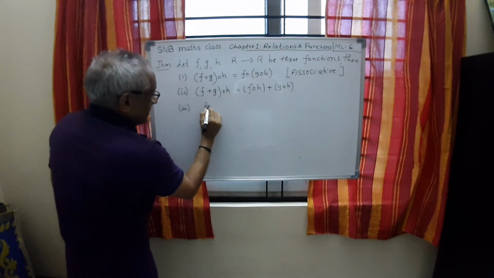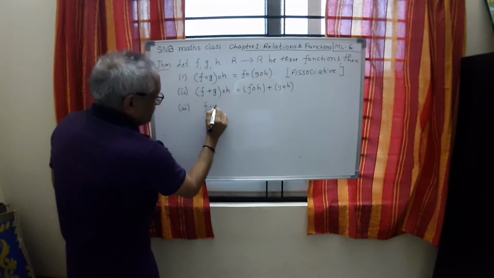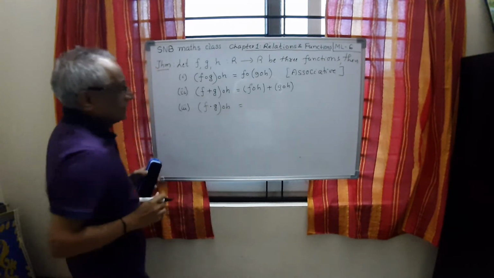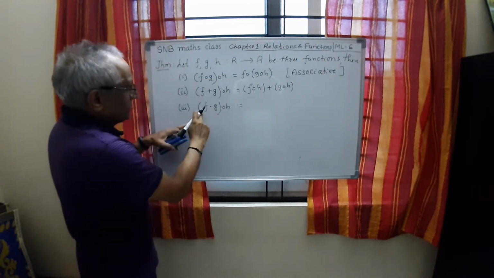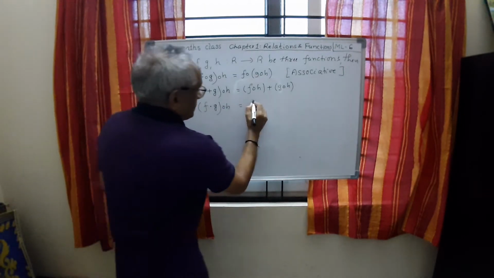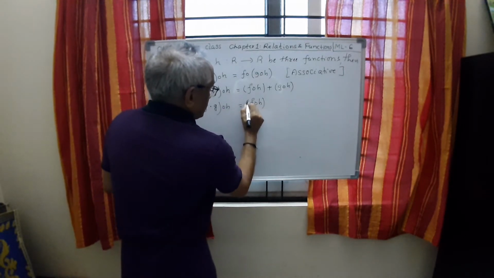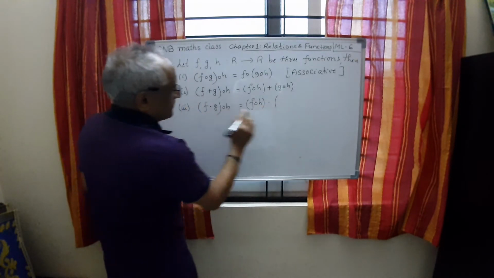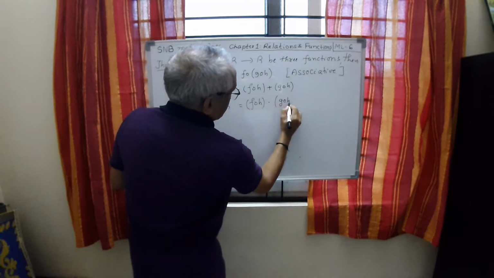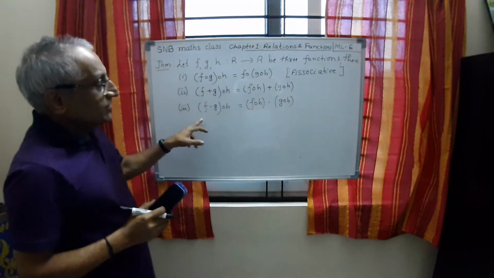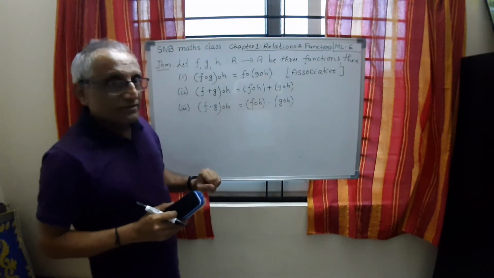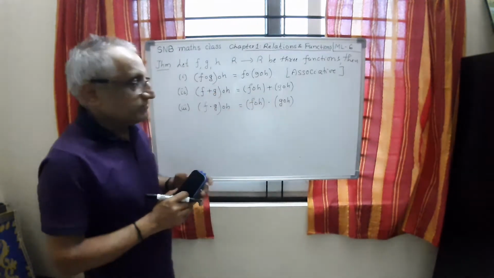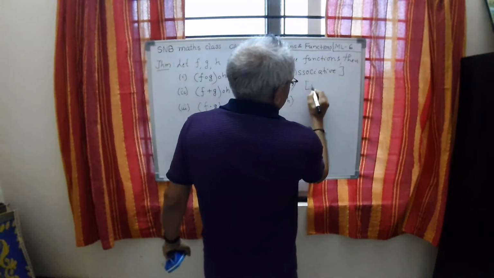If you write (f into g) of h, then what happens is exactly the same: f of h into g of h. So these two are called the distributive property. Addition is also distributive, multiplication is also distributive.